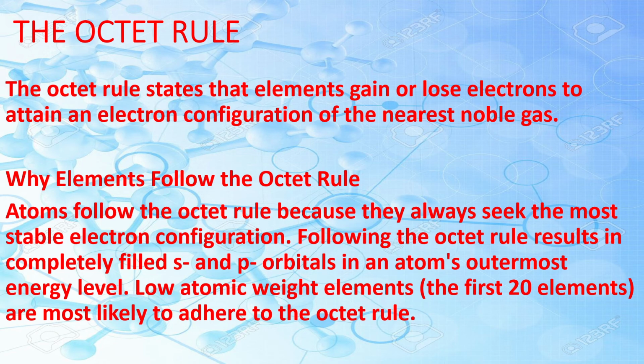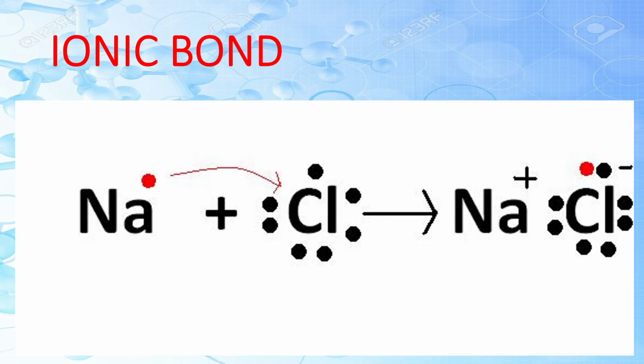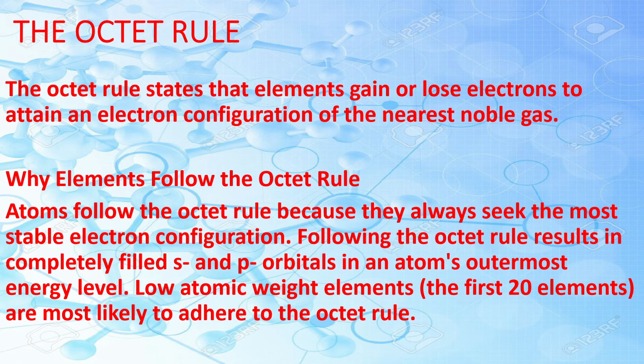Following the octet rule results in completely filling the s and p orbitals in an atom's outermost energy level. Low atomic weight elements, the first 20 elements, are most likely to adhere to the octet rule. So that is the octet rule.